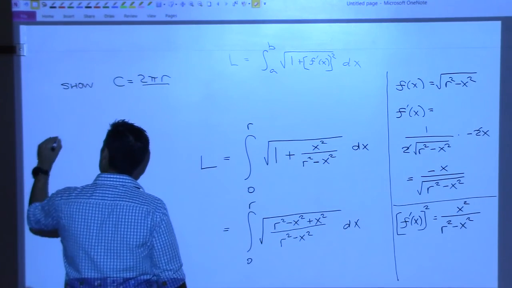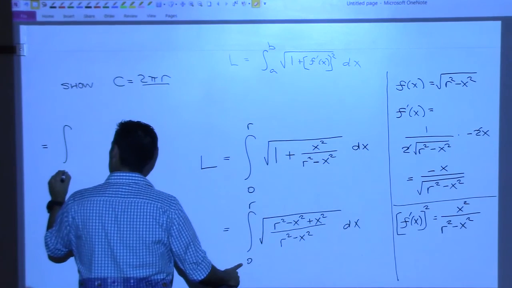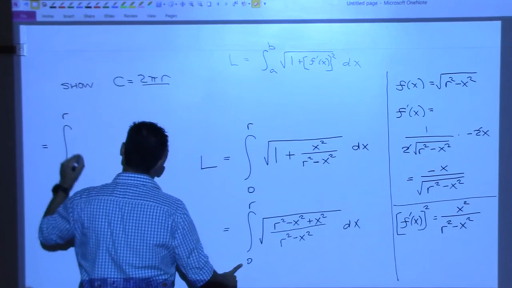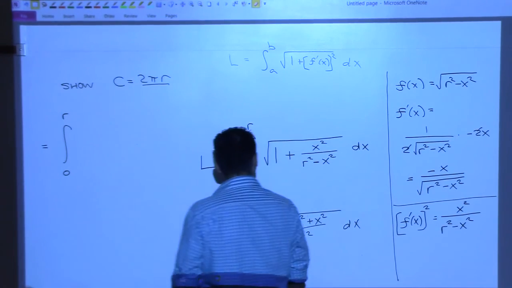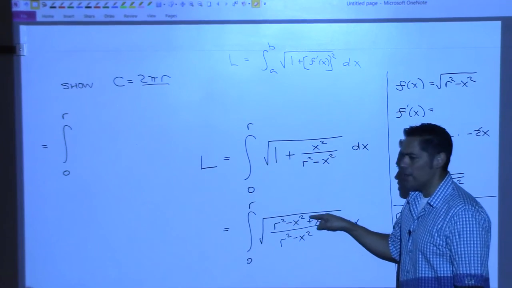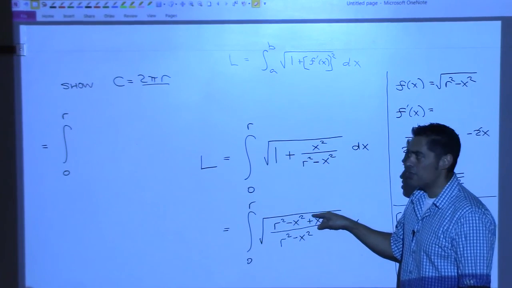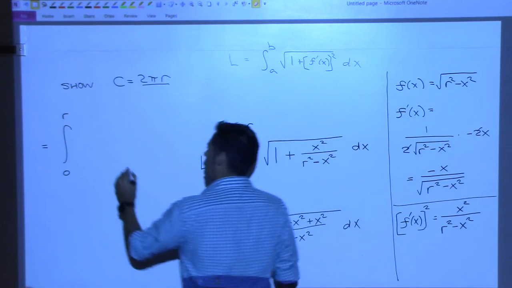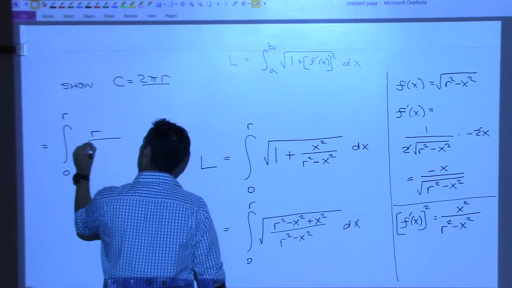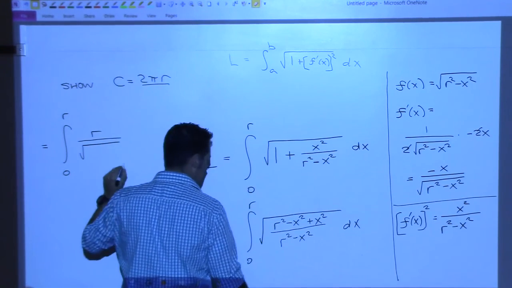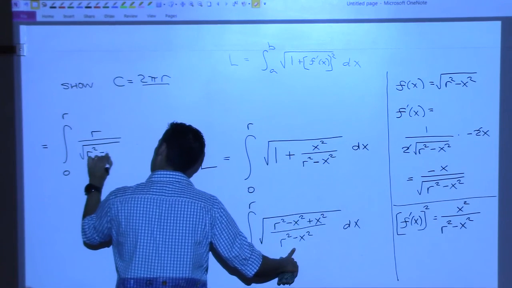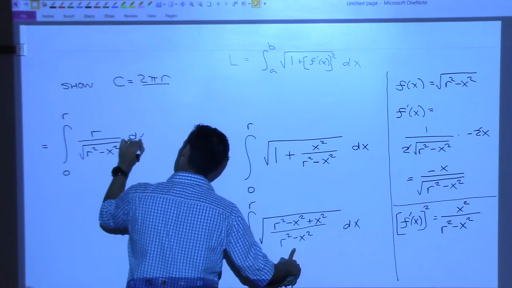And this is going to be the integral from 0 to r. What was left on top? r squared, but you're taking the square root of it, which is just r. R on top, and then the square root of r squared minus x squared, dx.